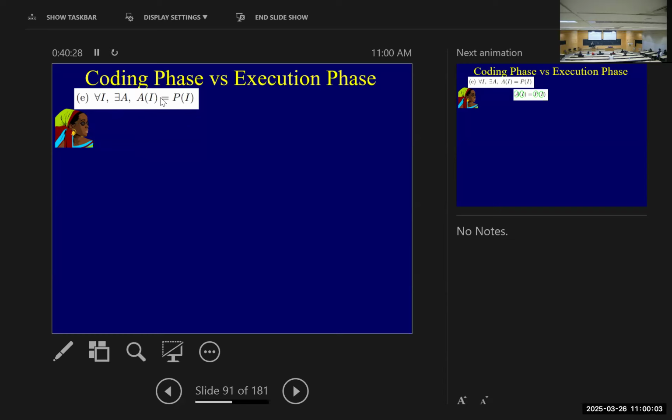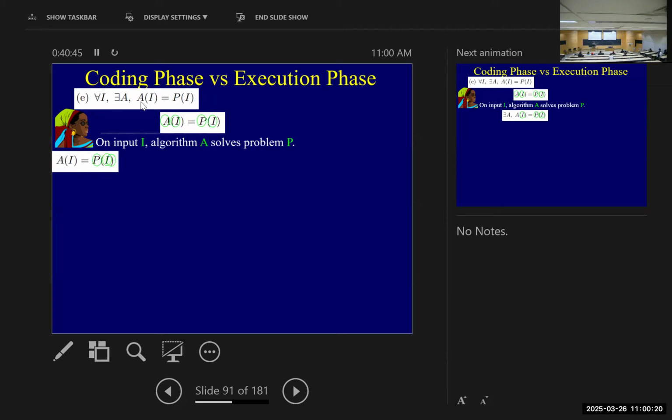What does this bit say? Let's see if we wind it out. This says it's talking about three free variables. It says algorithm A solves P on input I, right? Roll it out. What does this say? There exists an algorithm, right?